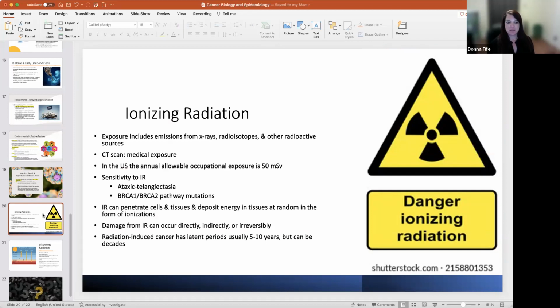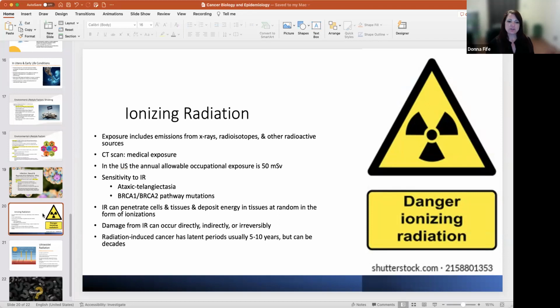A CT scan is medical exposure to a high amount of ionizing radiation. In the US, the annual allowable occupational exposure is 50. Sensitivity to ionizing radiation with ataxia telangiectasia, and the BRCA1 and 2 pathway mutations.